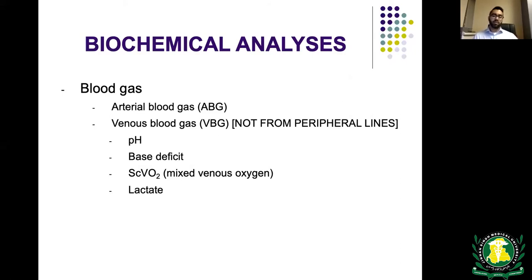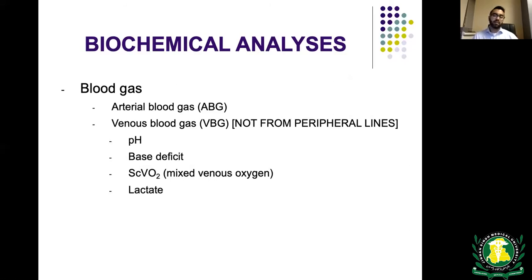If you look at your arterial oxygen saturation, it's about 95 to 100% in an average adult on room air. The mixed venous oxygen, or the oxygen saturation in the central vein reaching the right heart, should be about 70-75%.